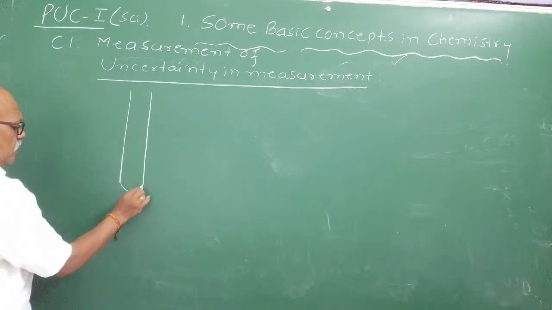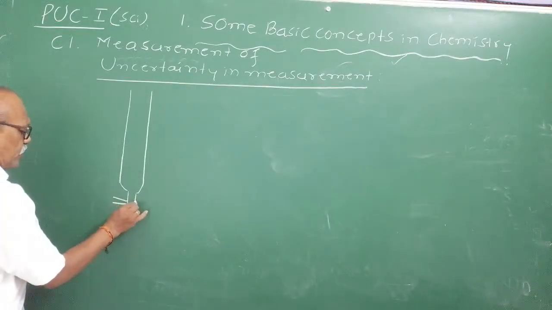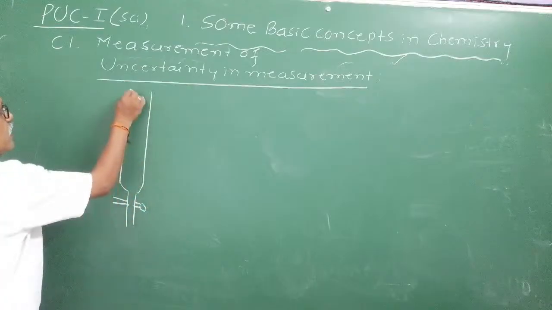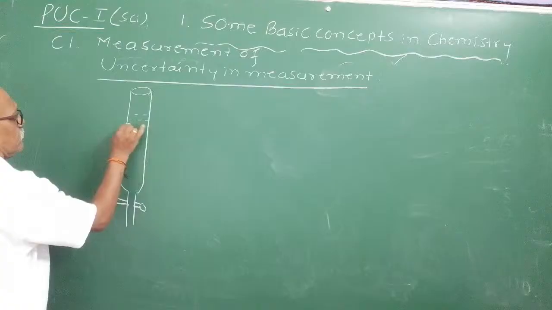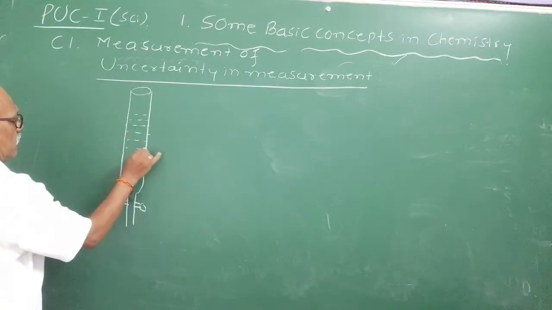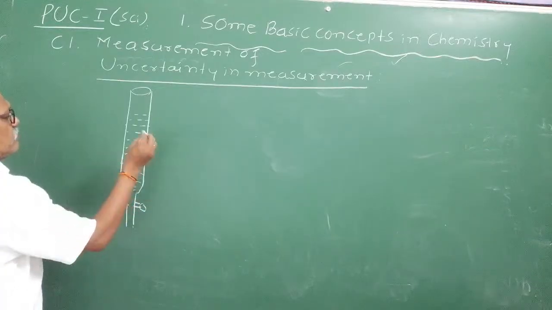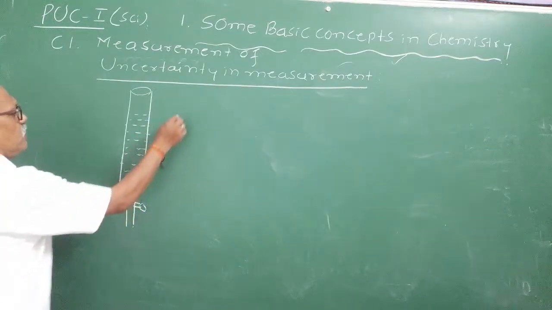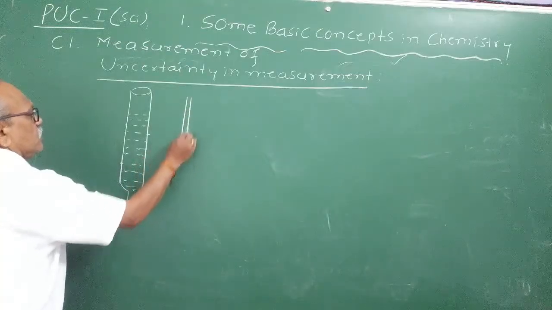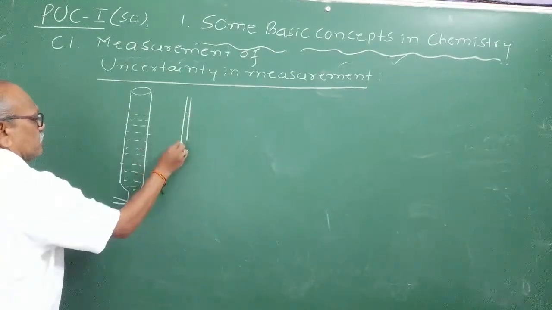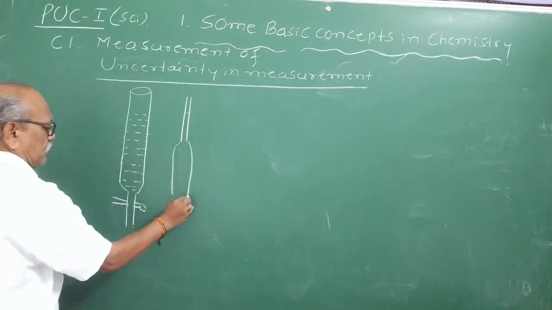Say, can you identify this particular diagram available in the laboratory? Used in the laboratory, you must have laboratory knowledge from 11th. Very important. It will be bulged like this slightly.